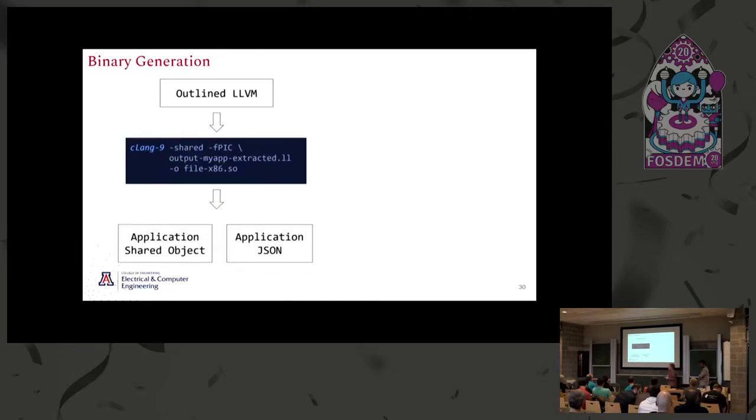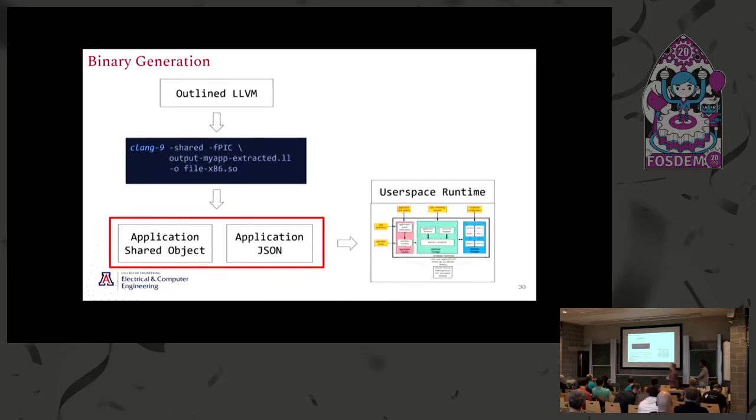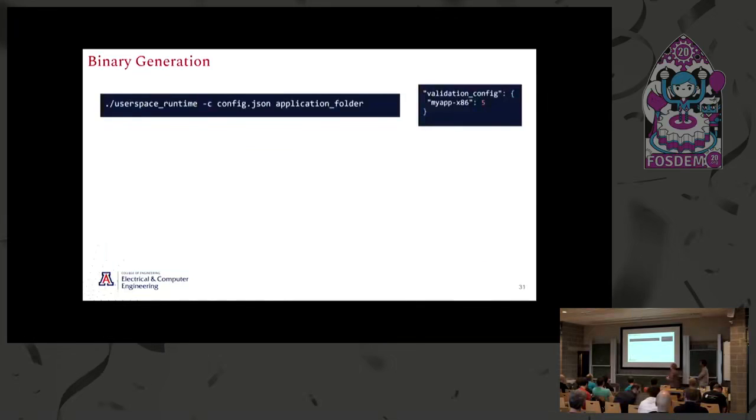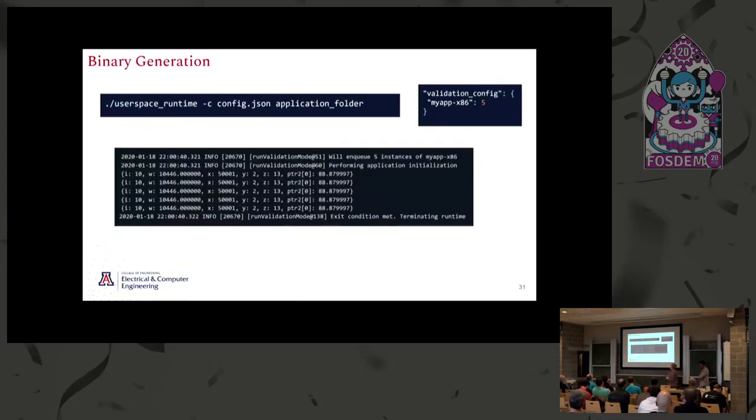And then with that shared object coupled with the JSON, we can hand that off to our runtime and run it through the flow. So just to validate that all of this stuff we've done has actually preserved the functionality, we'll run 5 instances of this app here, and we'll note that the output here matches the output from before.